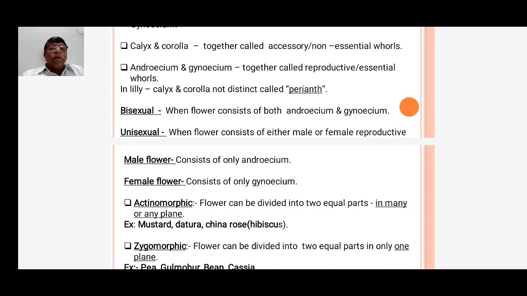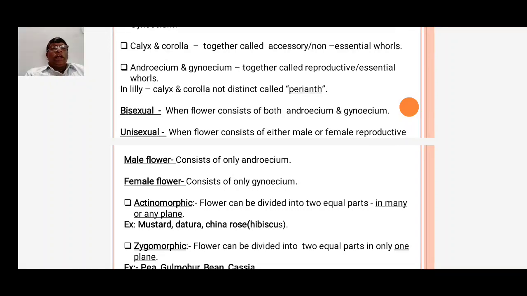We call it a male flower. Female flower: it's a type of flower in which only the gynoecium or the pistil is present. Okay. It's all about bisexual and unisexual, male and female flowers.